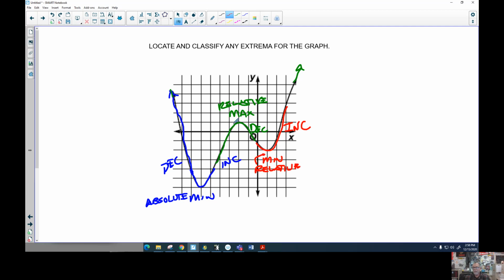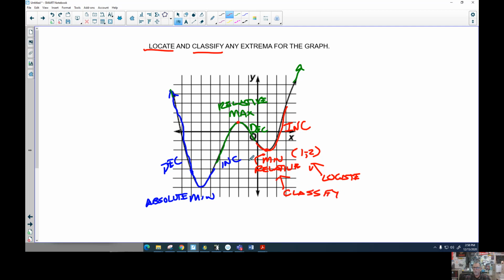Okay. And if we needed to identify them, we can see what points these are. This is the point 1, -2. And it says locate, that's locating them, 1, -2. Classifying them, that's this part. All right, this is the locate. This is the classify.